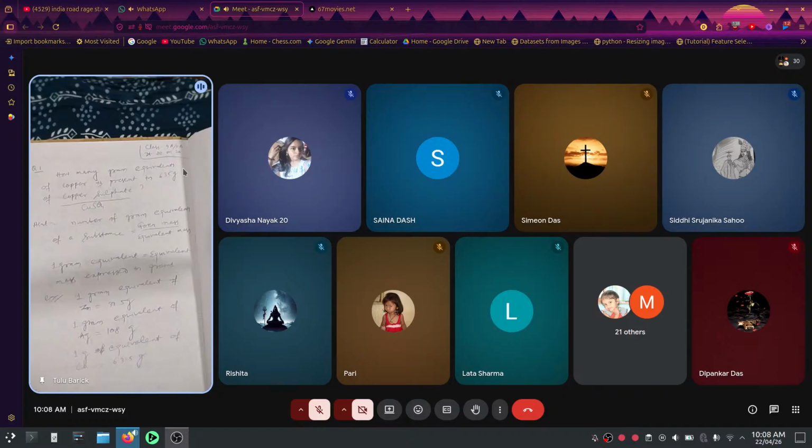Some students may get confused with the value of 63.5 and 635. But this is the mass of copper sulfate in total. This is not the given mass of copper in it. This is the total mass of copper sulfate, 635 gram. In 635 gram of copper sulfate, how many grams of copper do you have?